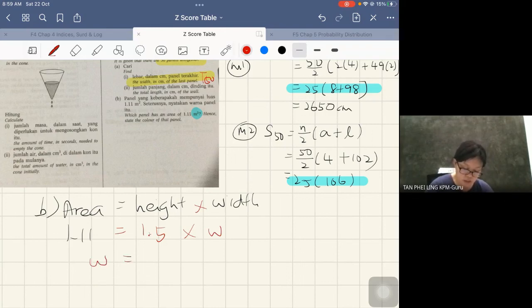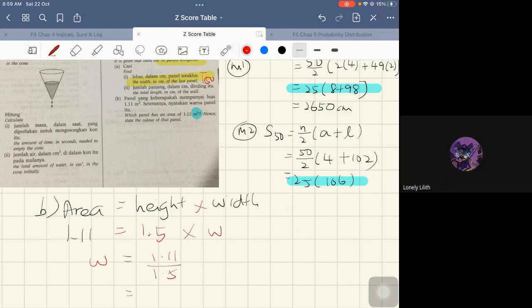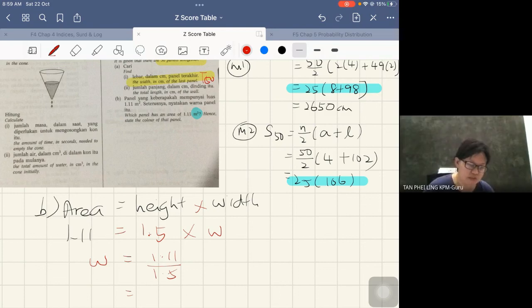So I have to find out my width first, right? My width will be 1.11 divided by 1.5. What is that? 1.11 divided by 1.5, what do you get? You get 0 point. Calculator. Come, somebody give me the answer. 0.74 meter, right?